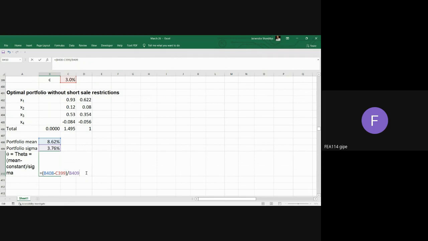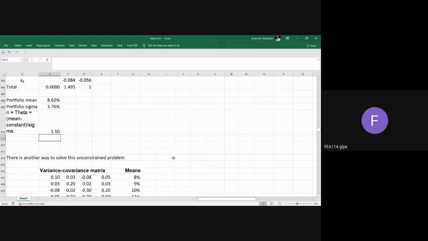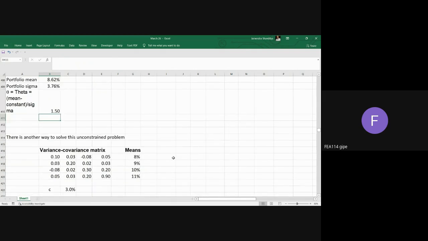Yes, and so we are done. So what we got is a Sharpe ratio of 1.5, which is a pretty good number, because a Sharpe ratio anything above 0.5 means that the portfolio is very good. It's putting you on the efficient frontier, and you are on the optimal combination.